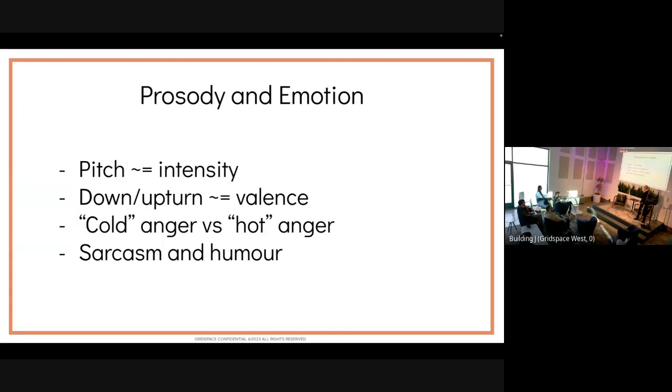The other sense is this: if I were to say anger, and I say cold anger or hot anger, everyone has a sense of what that means, even though it's technically the same emotion. Hot anger tends to be higher frequencies and more intense. Cold anger, lower frequencies. Sarcasm, humor.